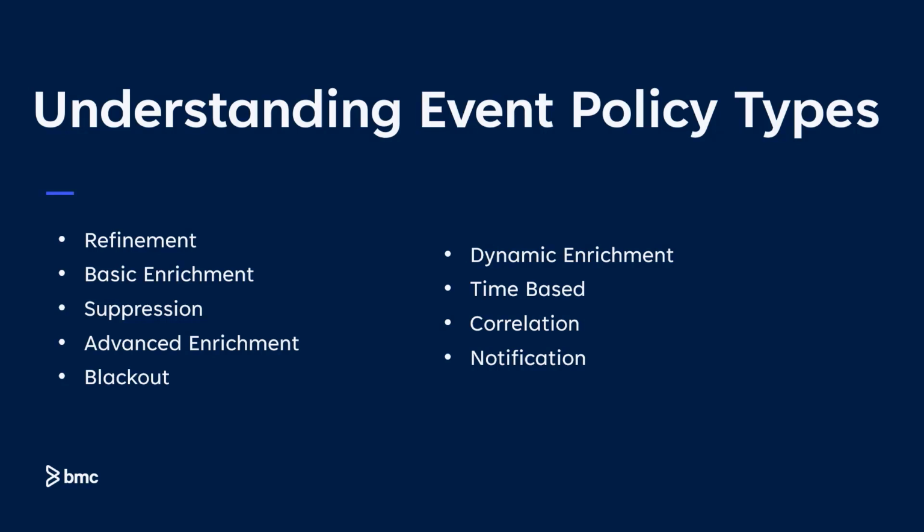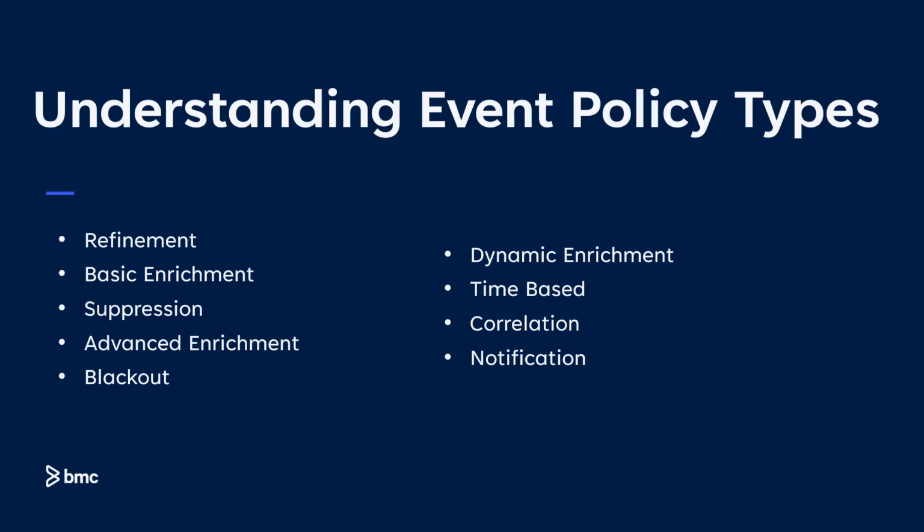Blackout helps you to black out specific events during a time frame, usually for maintenance activities. Dynamic enrichment. This is an advanced enrichment policy, but using external data like CSV files. Time-based. You use this policy to process an event in a time frame for a specific time duration, which means you can delay any activity like enrichment.